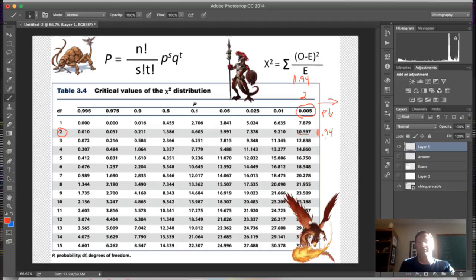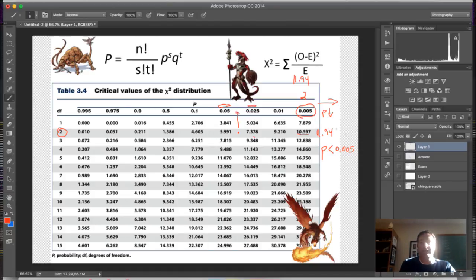If we have this is 11.94, our p-value is less than 0.005. All right? If our chi-square value were somewhere in between these two, we could say our p-value, for example, if it was right here, we could say our p-value was somewhere between 0.05 and 0.025, but it's not. So our p is less than 0.05.